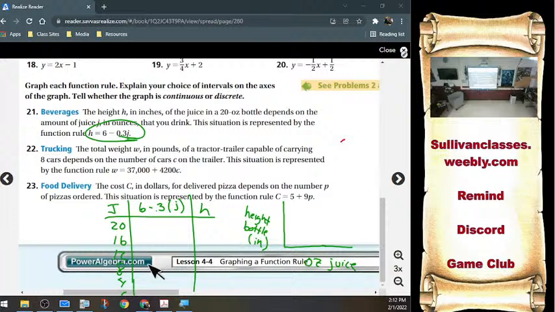They don't know, well, if I go from 20 to 0, what's the appropriate scale? Did they even recognize that the most you could have is 20 ounces? Or did they just start at 0 and go to 100? Did they start at 0 and go to 10, not even realizing that's not all of the bottle? So making the appropriate scale is what we're working on right now for that exact reason.